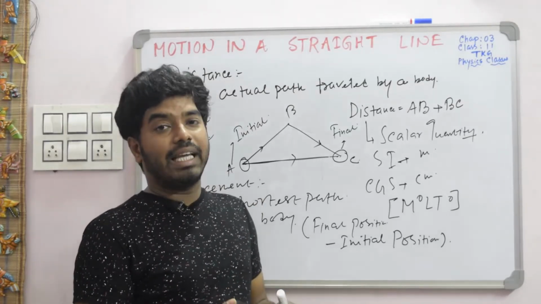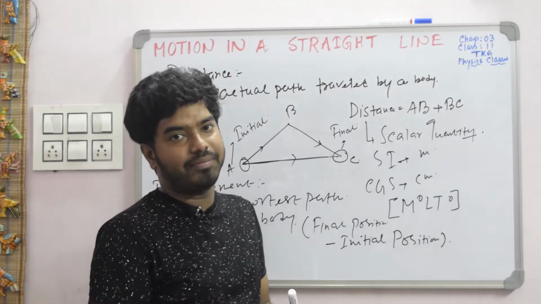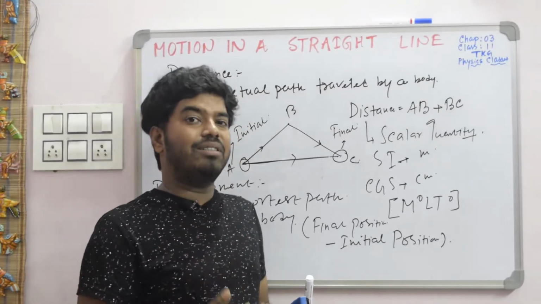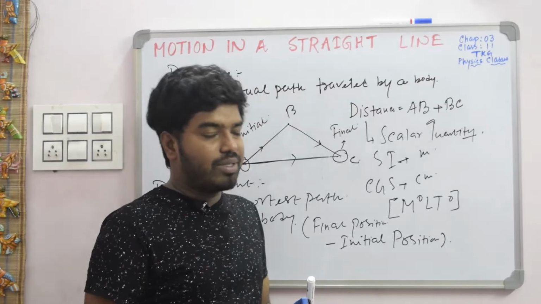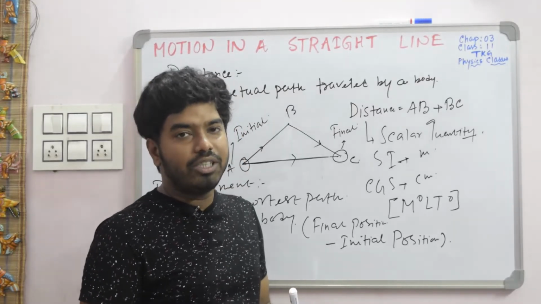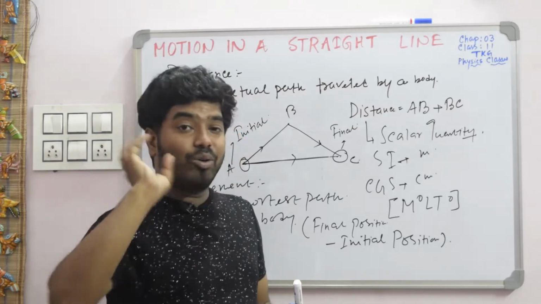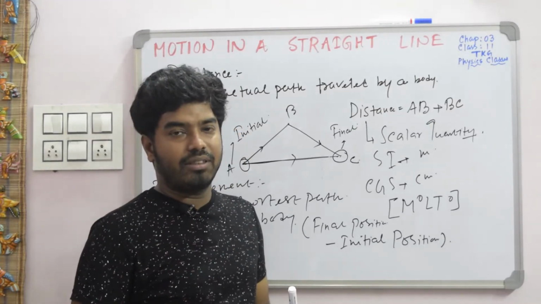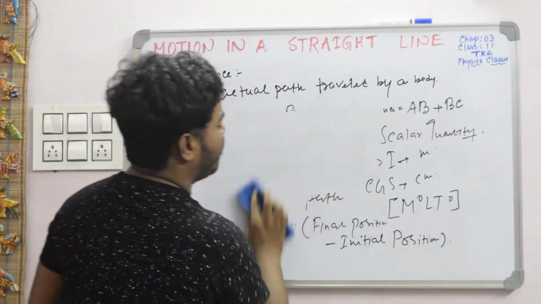Now displacement has magnitude as well as direction. So we can say displacement is a vector quantity, and the unit and dimension are the same. That means displacement unit is meter in SI, centimeter in CGS, and dimension M0 L T0. Now there is an important point: what is the relation between distance and displacement? There are 4 options.